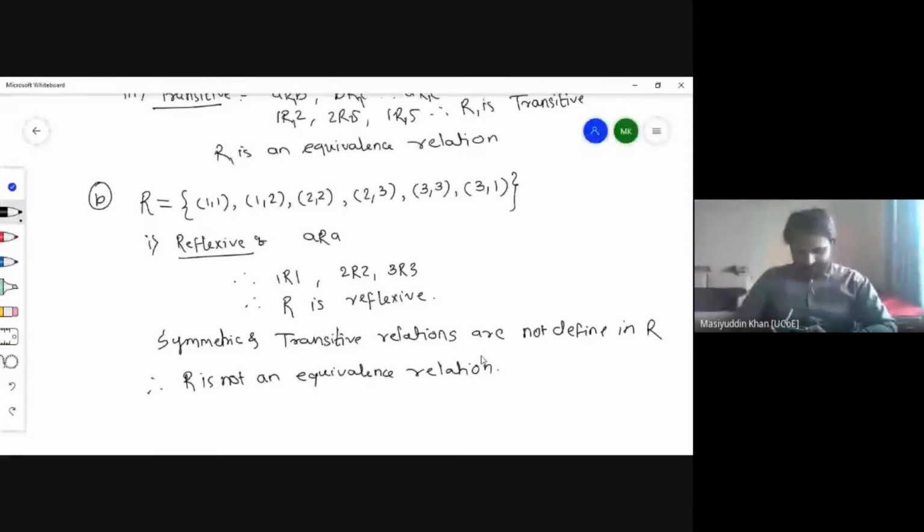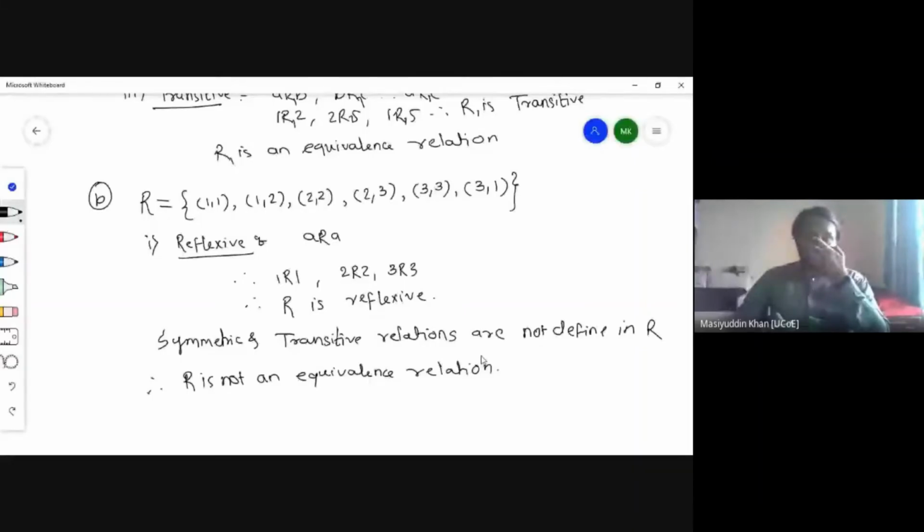So according to that, you must understand how to solve a diagram for the questions regarding the equivalence relation.